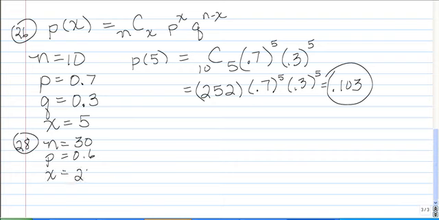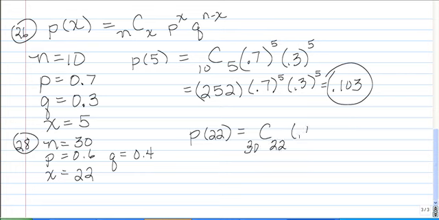That means Q is going to be 1 minus 0.6, which would be 0.4. So the probability of 22 successes would be combinations of 30 taken 22 at a time, times 0.6 to the 22nd, times 0.4 to the 30 minus 22, which would be 8.